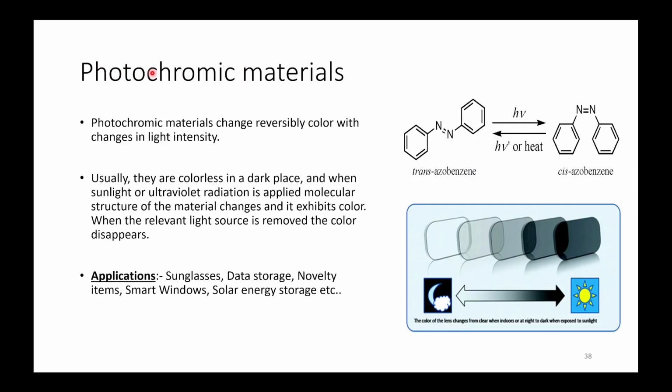Photochromic, as the name suggests, photo will be light, so light or some radiation. So photochromic materials change color reversibly with change in light intensity. Usually they are colorless in a dark place, and when sunlight or ultraviolet radiation is applied, the molecular structure of the material changes and it exhibits color.